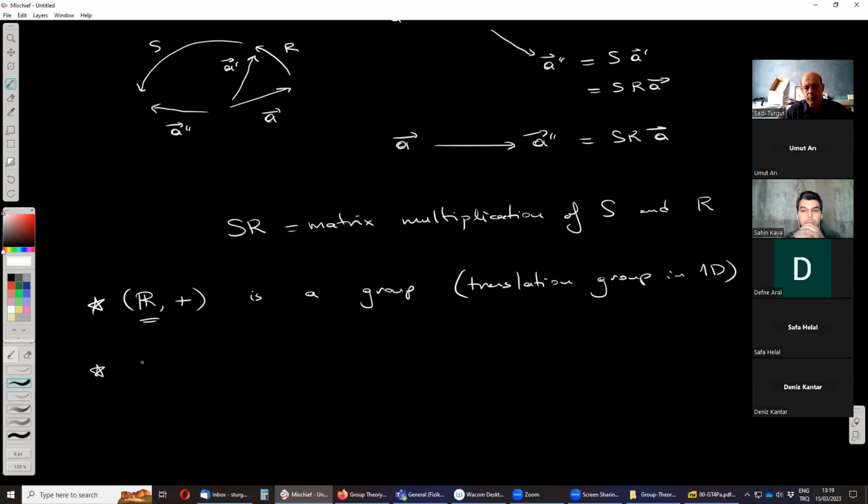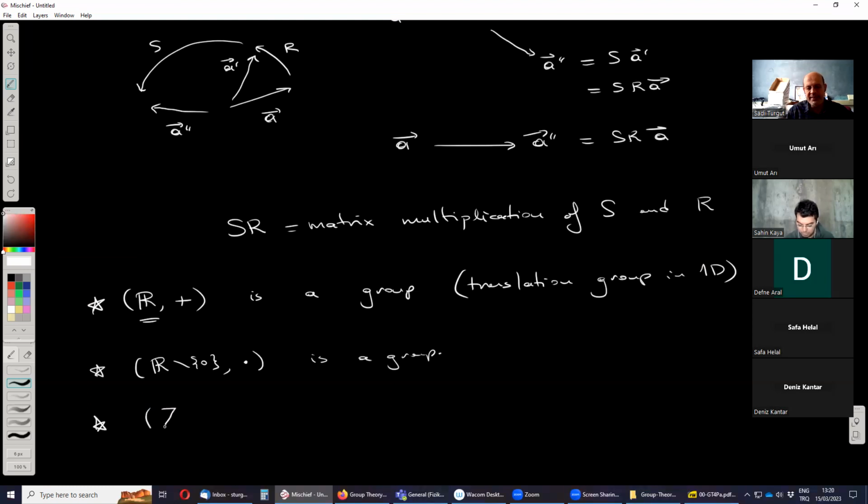There are multiplicative groups like these. The real numbers where I subtract 0, together with the multiplication, is a group. This is like a scaling group or something like that. This also has some kind of symmetry implication. It's one of the symmetry groups that are used in physics. Scaling is a symmetry for some physical systems.